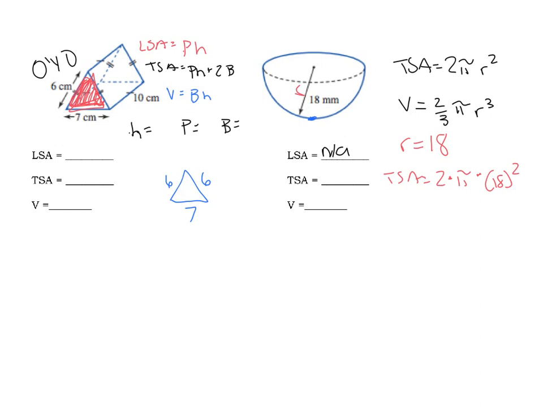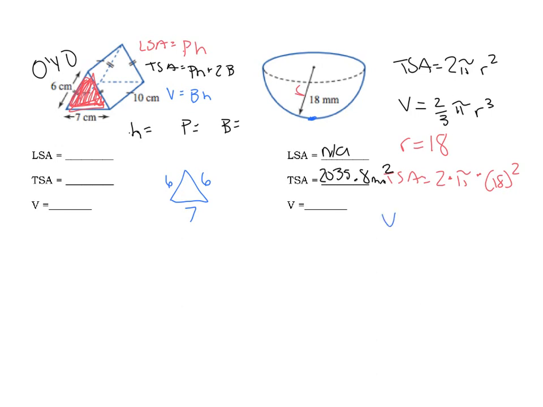So when I do that, 2 times, make sure you're using the pi button, not 3.14, times 18 squared, we get a total for the total surface area of this hemisphere to be 2,035.8, not centimeters, millimeters squared.